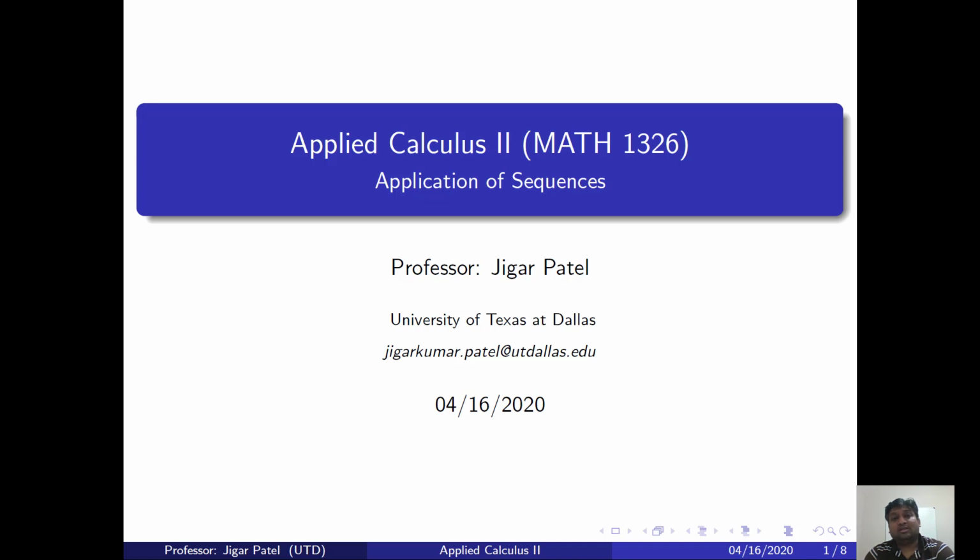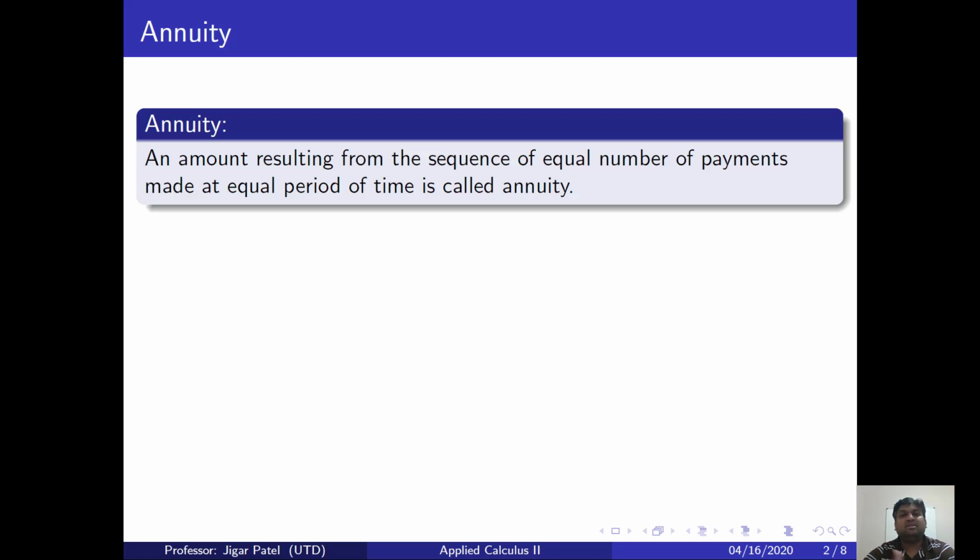Alright, so the application of the geometric sequence that you are going to see today is related to that particular summation formula. So let's begin this video by understanding the definition of annuity. Annuity is the application that we would like to discuss today. So let's start with the formal definition of annuity.